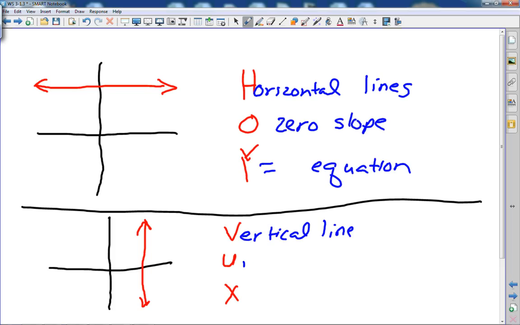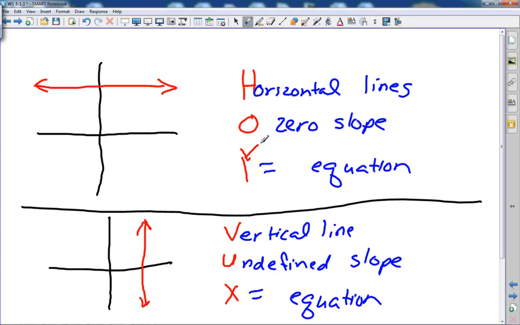It has an undefined slope. Oops, I didn't spell that right, did I? Undefined. Undefined slope. And it is x equals for the equation. It's just another way to help you remember HOY, VUX, horizontal and vertical.